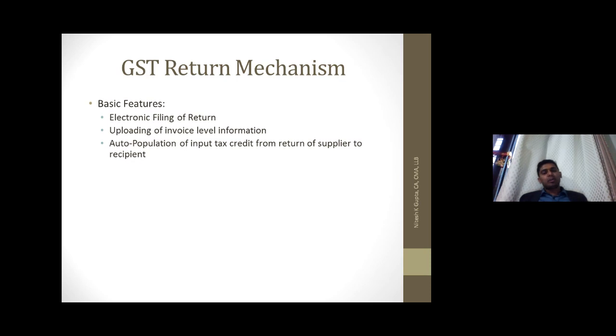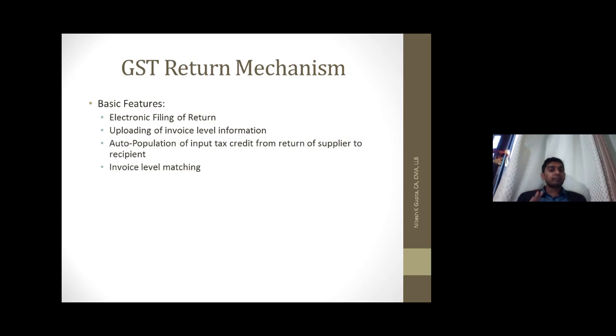So the supplier uploads his sales invoice, and the recipient or buyer gets his purchase invoice from the GST portal by auto population. That is how the GST return mechanism works.